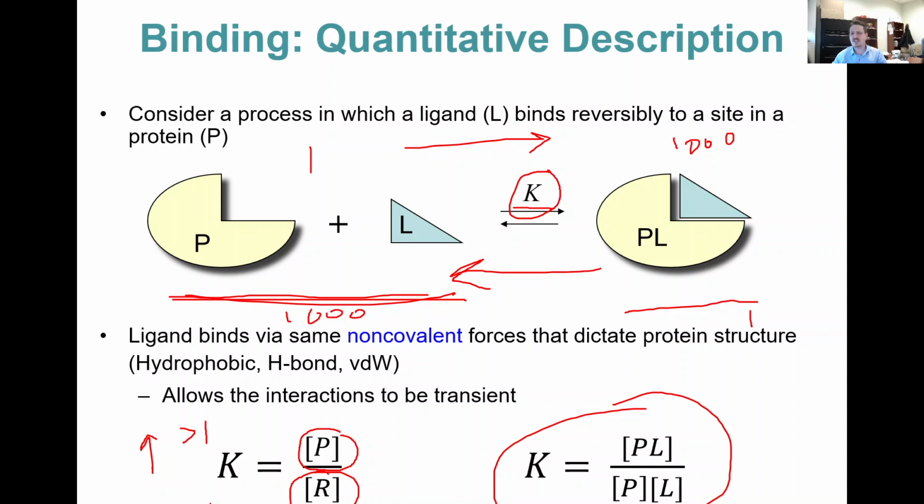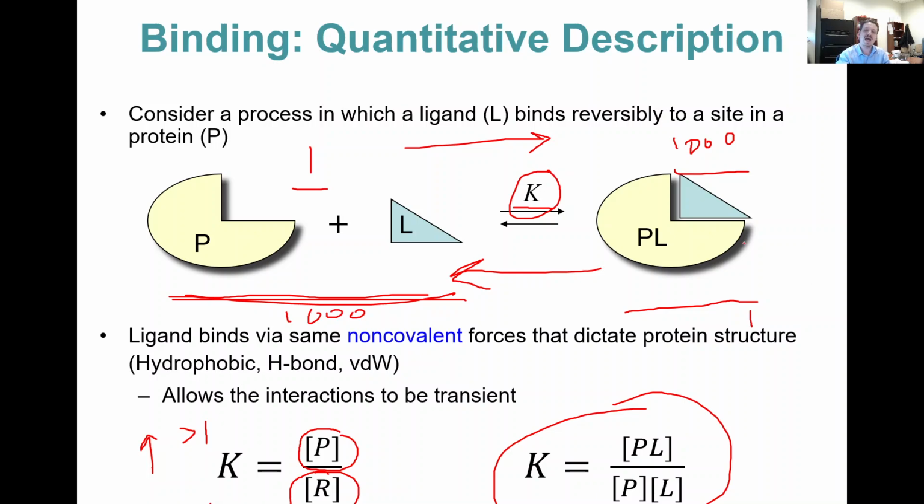And a lot of this is dictated by Le Chatelier's principle. Remember that if something is in equilibrium and something happens to upset that equilibrium, Le Chatelier's principle says that a reaction will move to get back in line with where the equilibrium should sit. For example, in this top example, where you have a 1 to 1,000 ratio of reactant to product, let's say it's 1 millimolar to 1,000 millimolar, and that's just where it likes to sit.